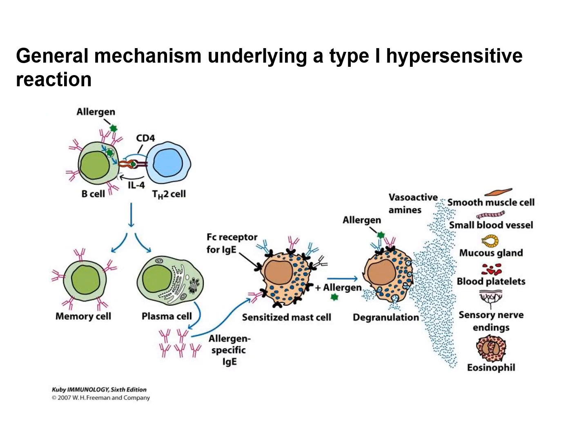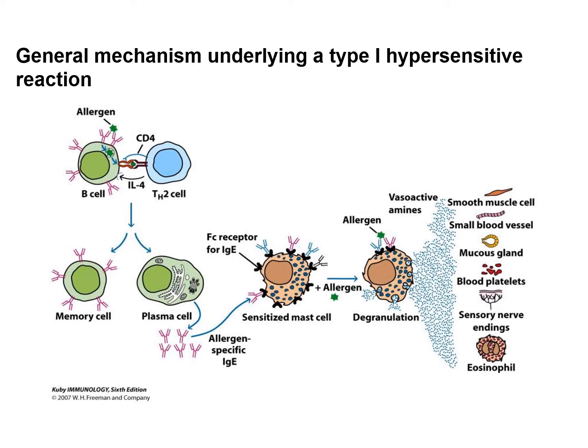In this slide, we can see the mechanism of type 1 hypersensitivity reaction. So the allergen binds to the surface of the B cell, and in turn the B cell can interact with the TH2 cell through the CD4 membrane receptor and through interleukin 4.